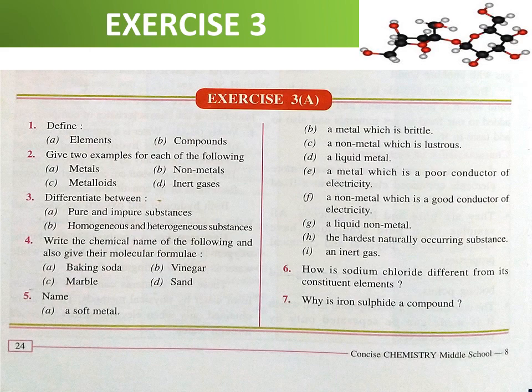Differentiate between pure and impure substances. That's the question given. We know that a pure substance has a definite composition and definite physical and chemical properties, and it is of course homogeneous in nature. Impure substances are made up of two or more pure substances mixed together in any proportion.